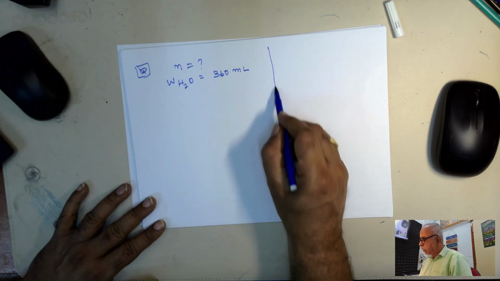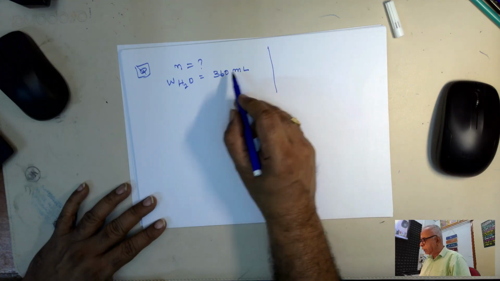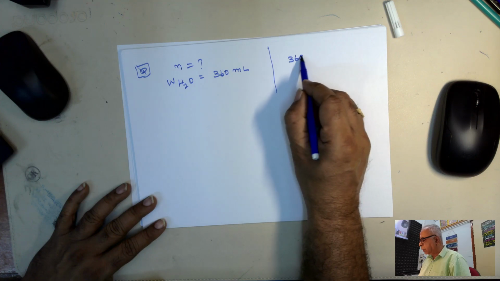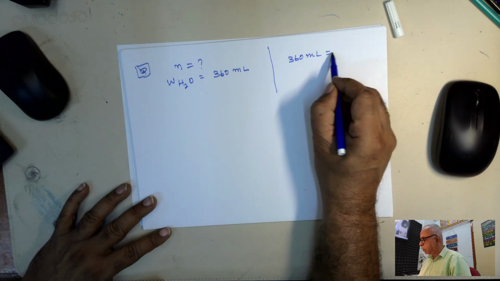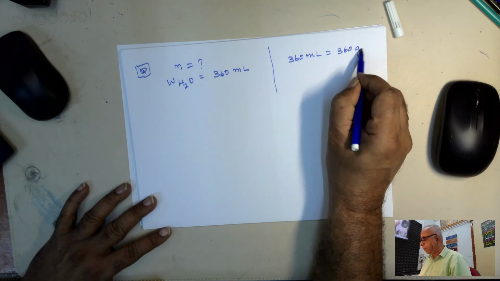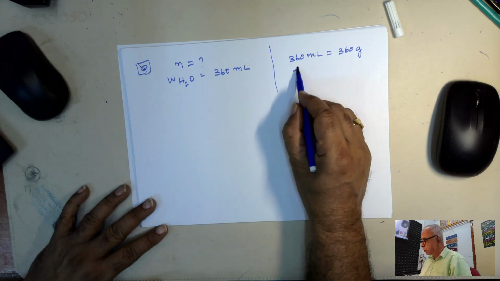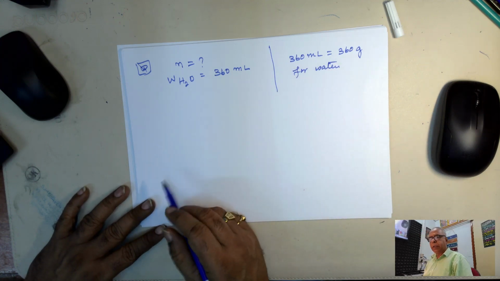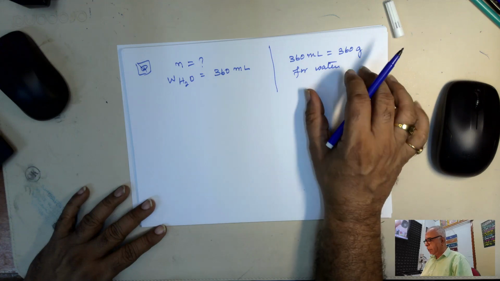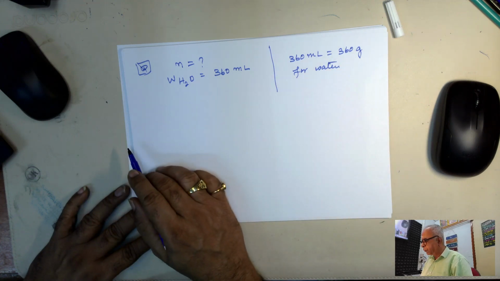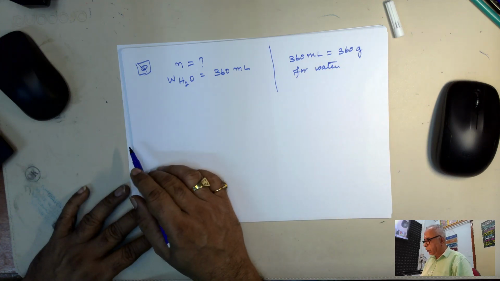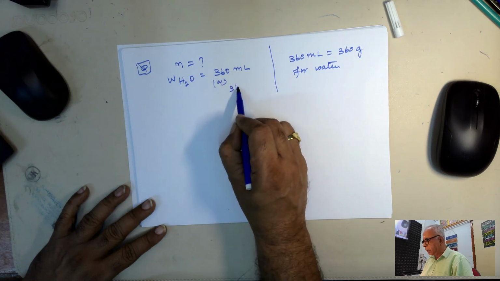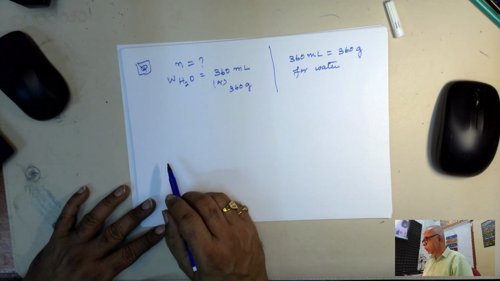In that case, the specific gravity or the density of water is 1. So 360 ml is equal to 360 gram, being water, because the density of water is 1 in this case. So you can replace this as 360 gram.